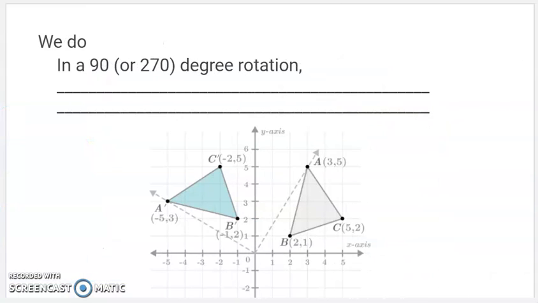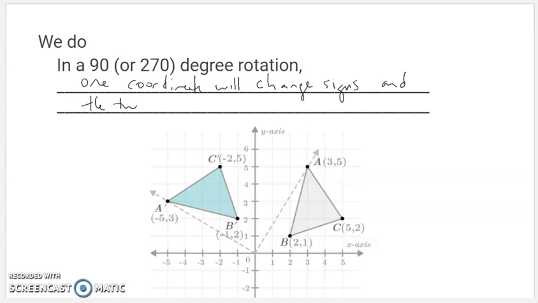All right, so also for your notes, if we want to write this in, I think we should. In a 90 or a 270-degree rotation, one coordinate will change signs. Again, it depends which way you go.